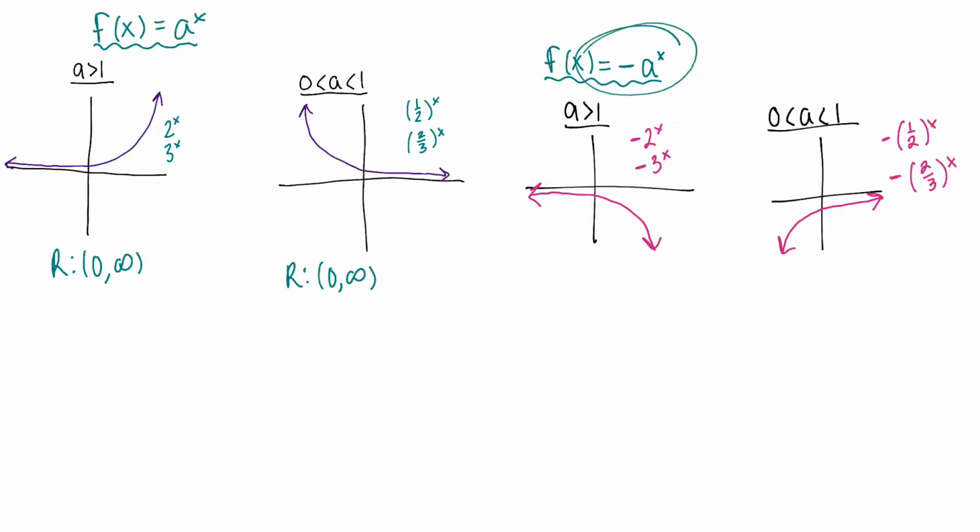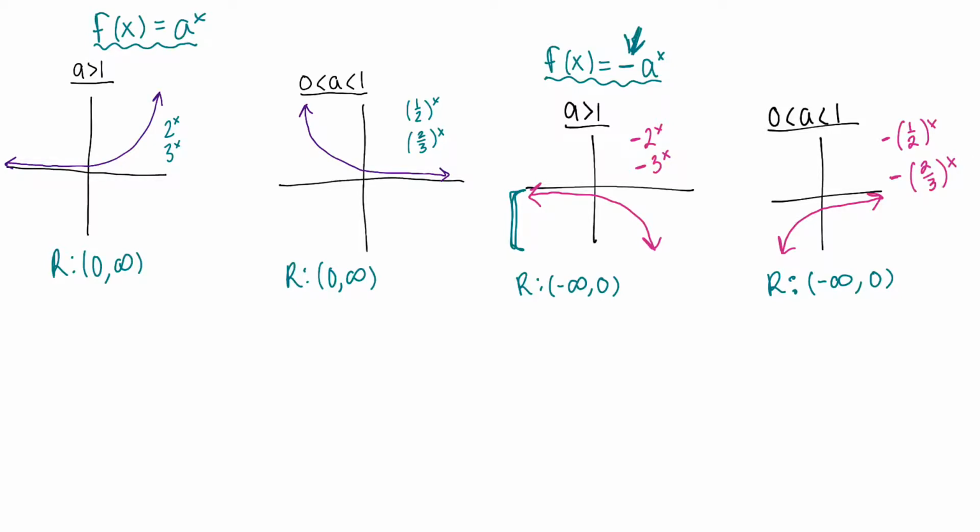However, when you flip your graph, this is going to change what the range is. So now the y values that are covered go from -infinity to 0, right? Because you've flipped the y values. So your range is no longer 0 to infinity, it's -infinity to 0. So just something to throw out there, how those ranges change when you add that negative out front.